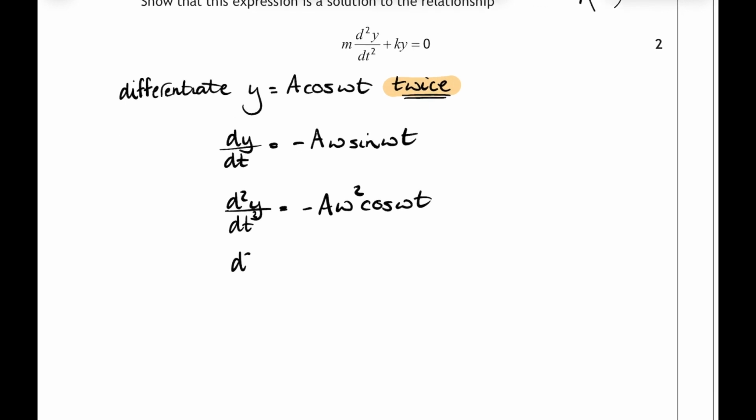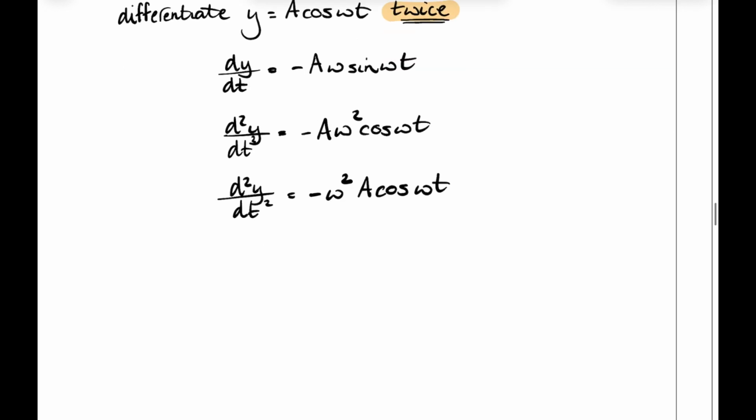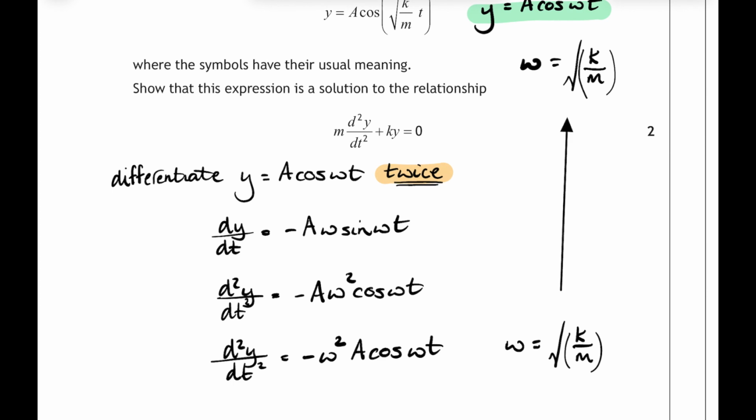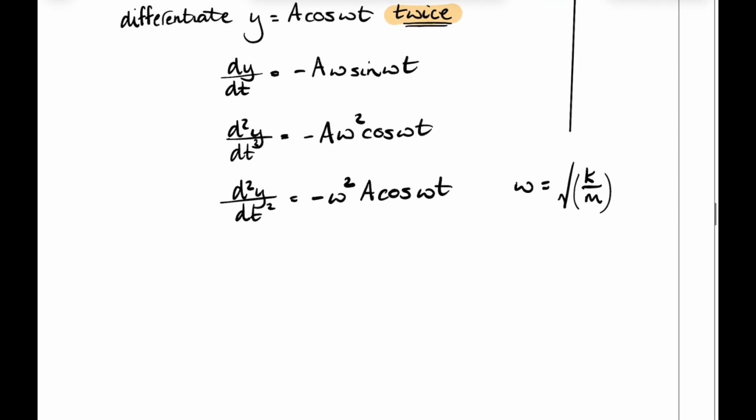Then if we do a little bit of rearranging, d2y by dt squared will be equal to minus omega squared a cos omega t. Now, we simplified things by stating that omega was equal to root k over m. That was what we did to simplify things at the start. So what we should now do is substitute the root k over m back in again.